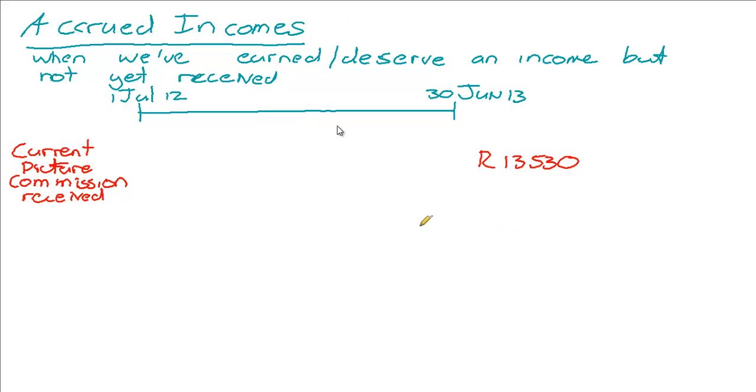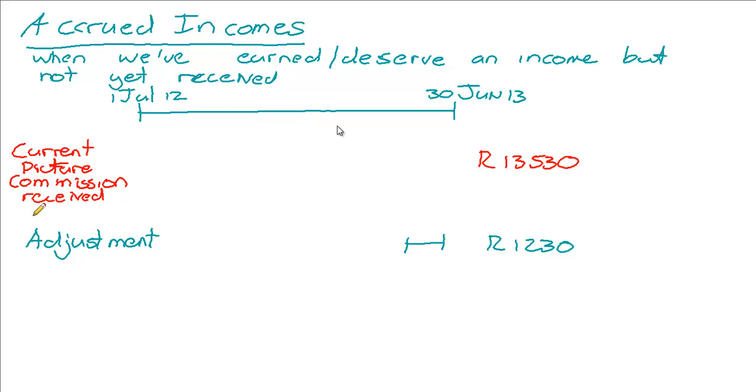So our adjustment is going to be 1,230. The adjustment has basically been given to us, and if we add the adjustment to our current picture, we will actually get to the true picture.